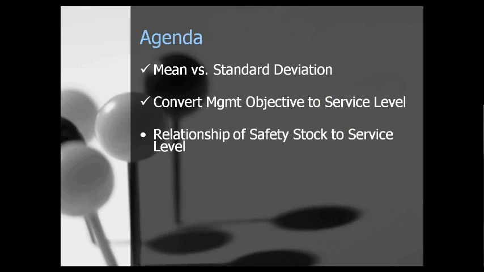So we've looked at mean versus standard deviation as a method for measuring the accuracy of our forecast. We've looked at a simple process for converting a management objective into a customer service level. Now let's move on to the relationship of safety stock and that service level.